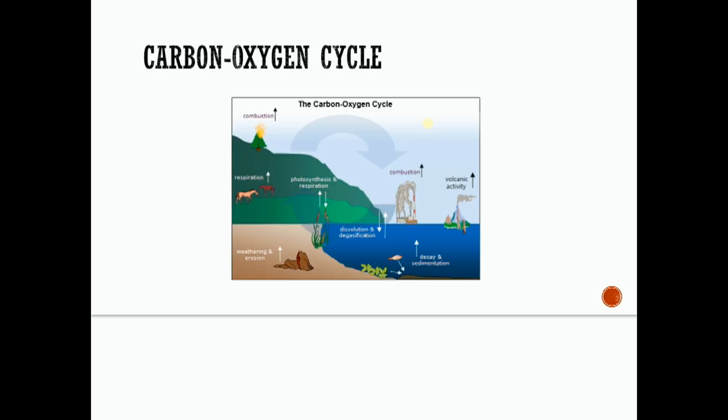The consumers feed on producers and use the carbon molecules. When the producers and consumers use the carbon molecules, carbon dioxide is released and returned to the atmosphere. Remember, animals, even we breathe out carbon dioxide. Remember, that's cellular respiration, a product.